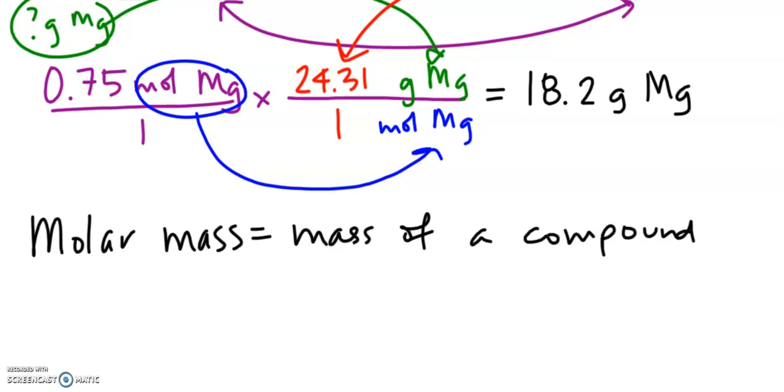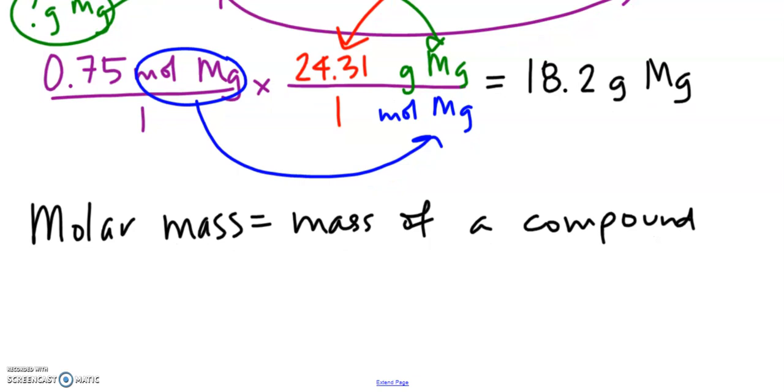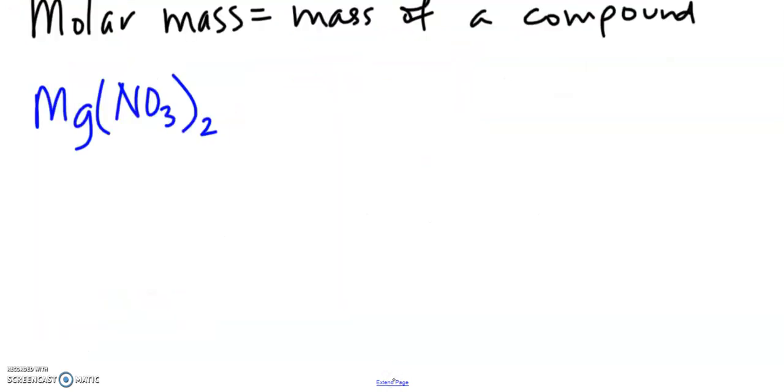Let's say we have Mg(NO3)2, magnesium nitrate. We have to look at how many of each element we have. For magnesium, there's only 1. For nitrogen, there are 2.